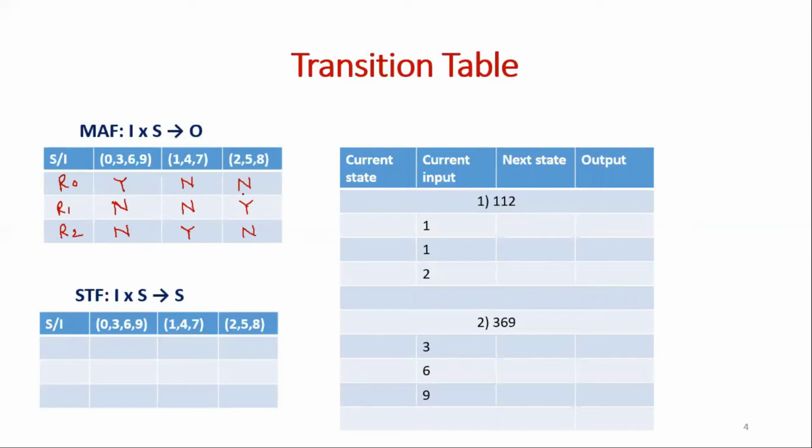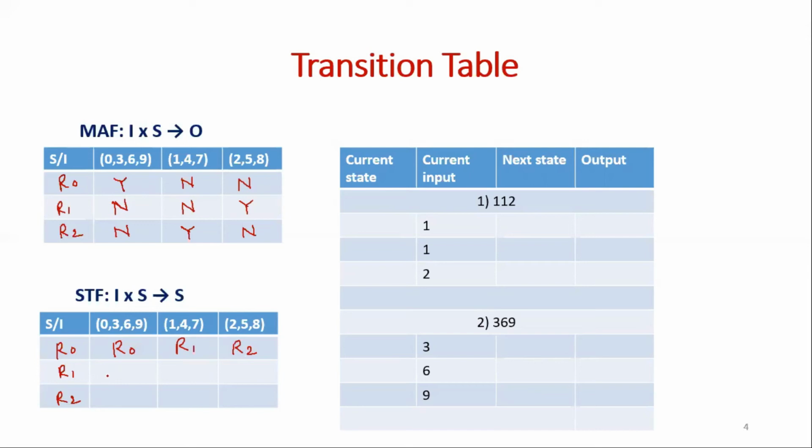Then next, let us write the state function table. This state table will map current input and current state to the next state. So here states will be R0, R1 and R2. Now in R0, if I get input as 0369, next state will be R0. If input is 147, next state will be R1. If input is 258, next state will be R2.